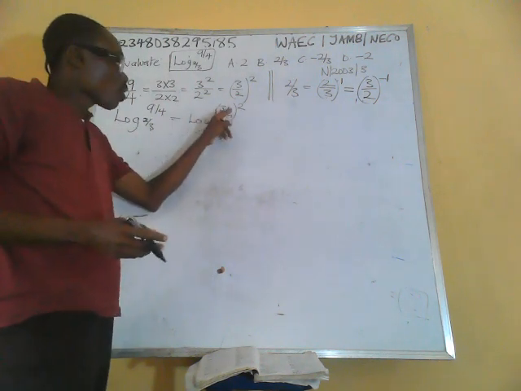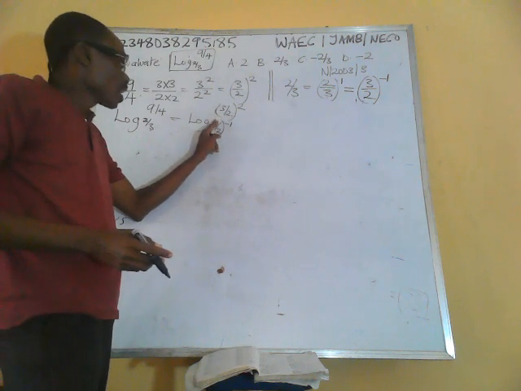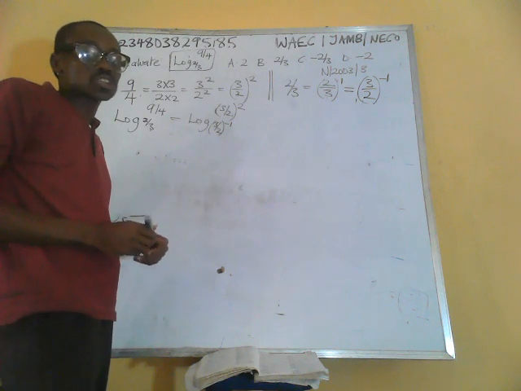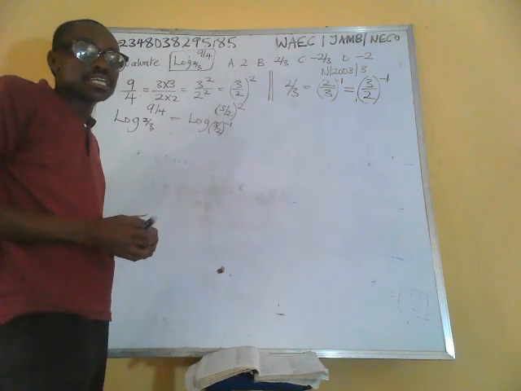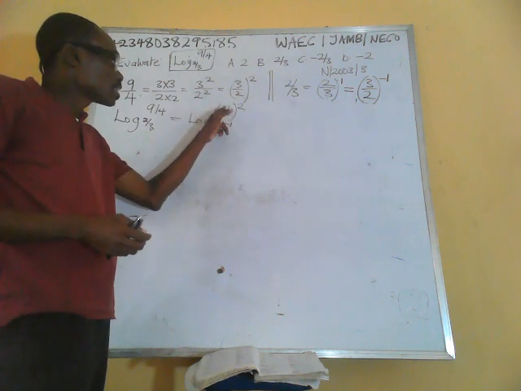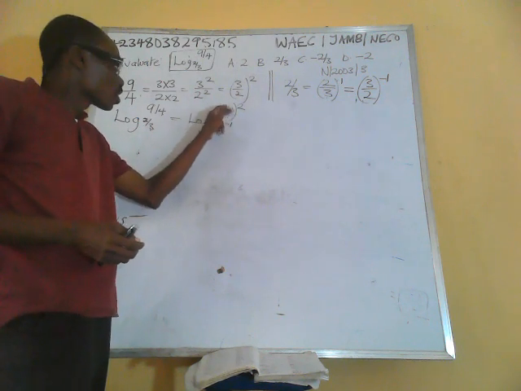So we have 3 over 2 over here, and we have 3 over 2 over here. So we can actually apply change of base. We'll bring in change of base. So over here, this is 3 over 2 raised to power 2.